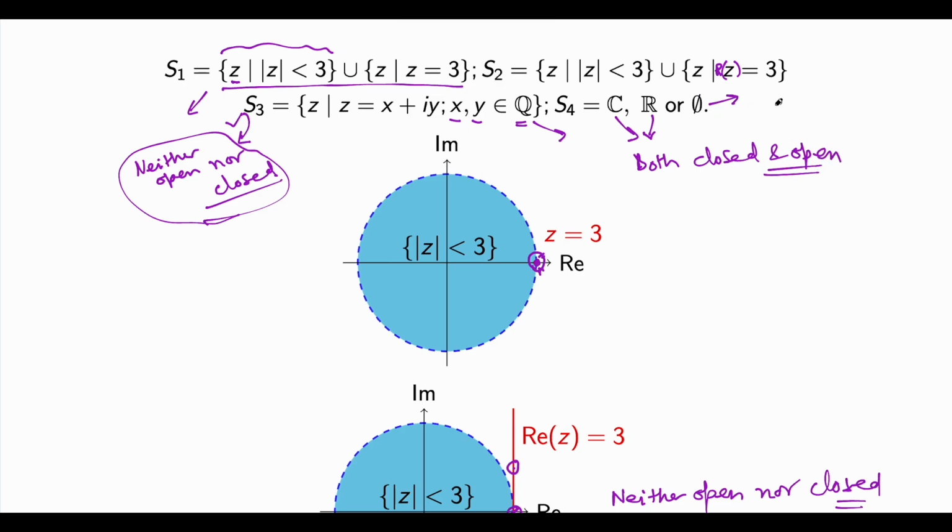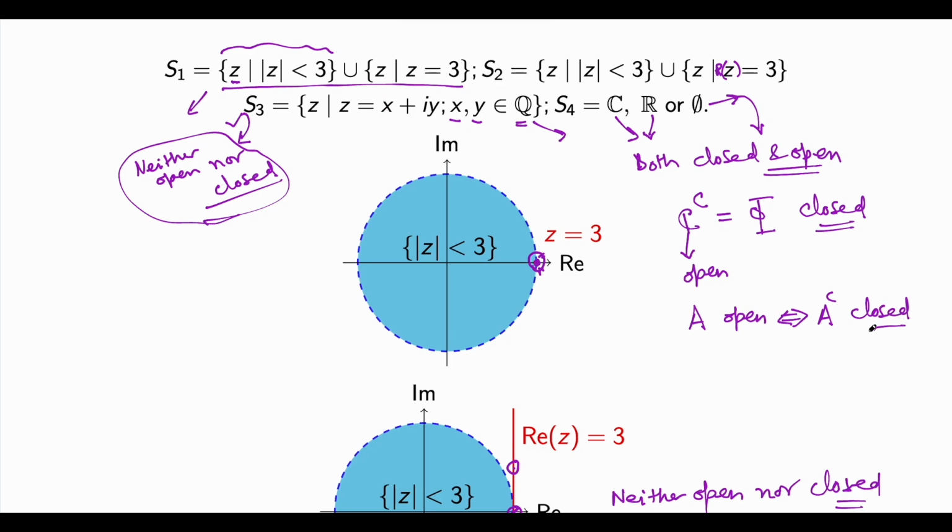And similarly, the empty set is also both open as well as closed. Because if C is open, assume, then the C complement is the empty set, which is going to be closed, right? Because any set A is open if and only if its complement is closed. Complement closed means C is open, and so on.